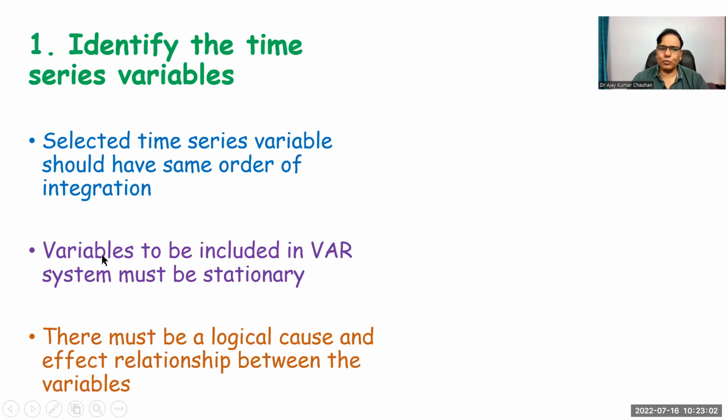The variables which you include in the VAR system must be stationary. It means you are including the transformed variable in the model. And there must be some logical cause and effect relationship between the variables. Otherwise, you cannot explain why one variable is causing another. So this is the first step.